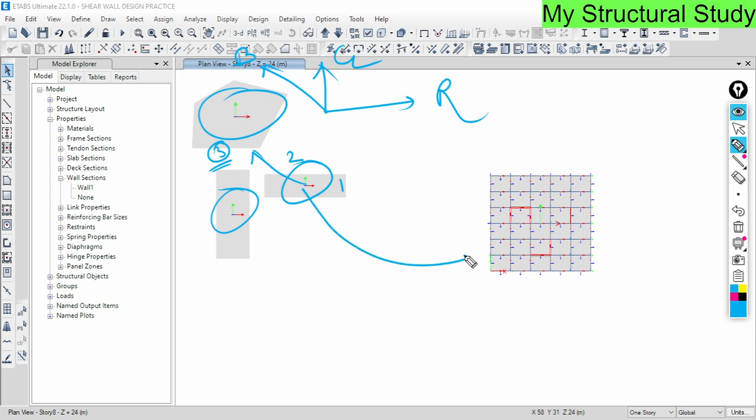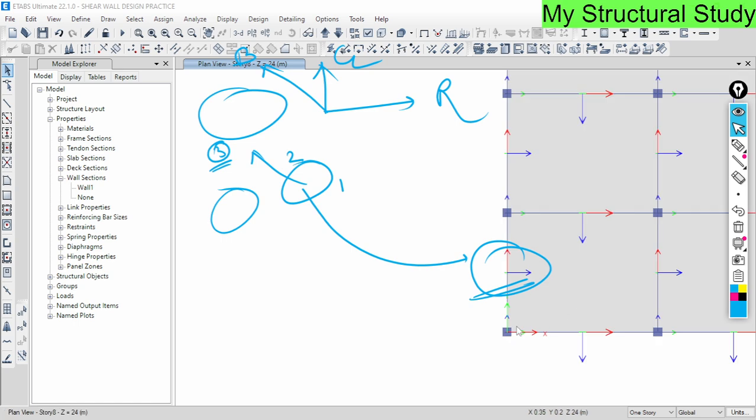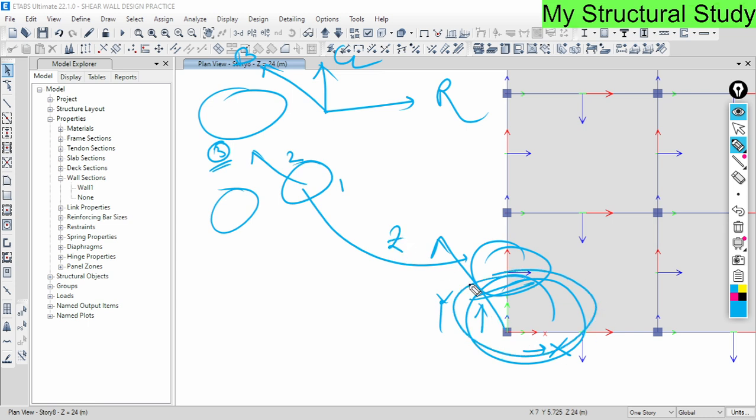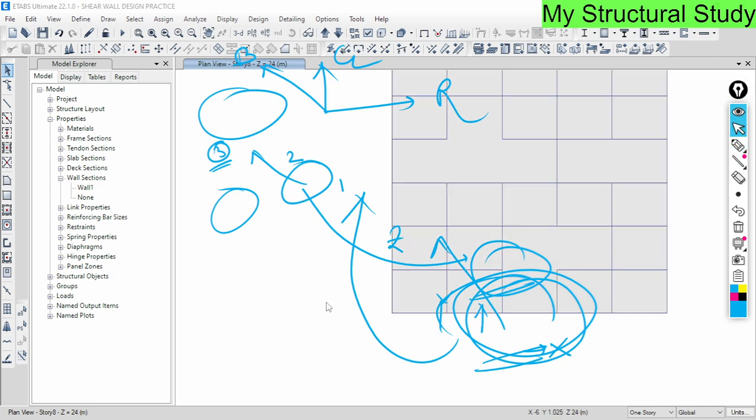This pattern follows the global axis pattern in the ETABS. So you can see, if we zoom it here, this is the global axis pattern. This is X direction, this is Y direction, and in the vertical this is Z direction. So this pattern has been followed by the slabs for local axis arrangement.